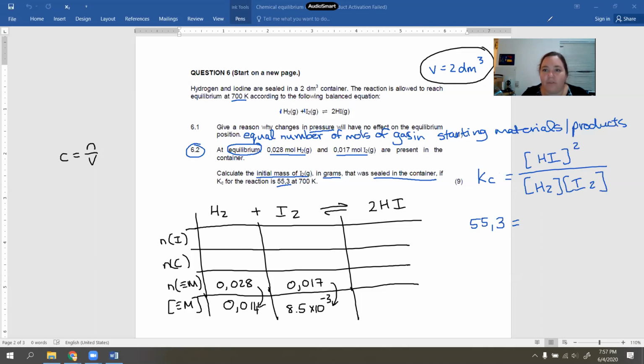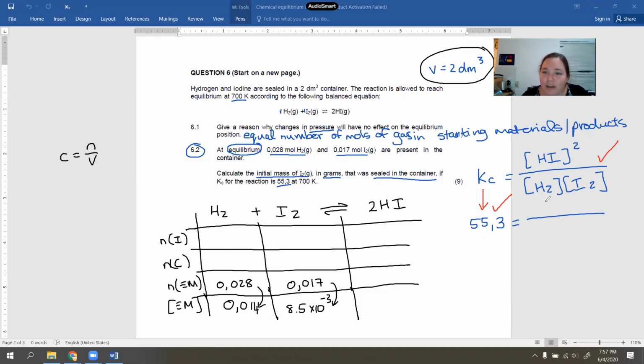You're going to laugh, but do you know that there's a mark for that? There's a mark for this bit here, where you put everything in the right place. And there's a mark for subbing the value of Kc into the right place. So even if you can't do anything else, write up that equation, stick the Kc in, and then make it look like you're going to put something in later, because you can't just get a mark for that if you haven't put in a little bit more.